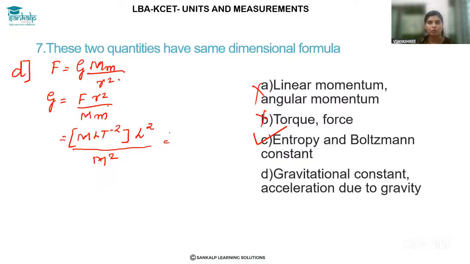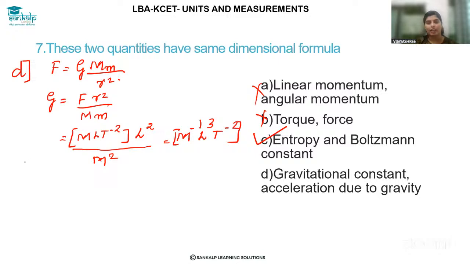Here M raised to plus 1 is there, so M raised to minus 1. L into L square means L cube, and T raised to minus 2. This is the dimensional formula for the gravitational constant.